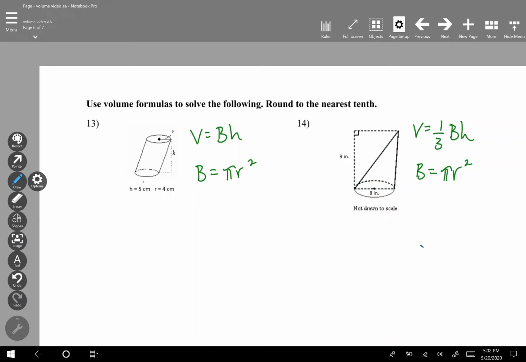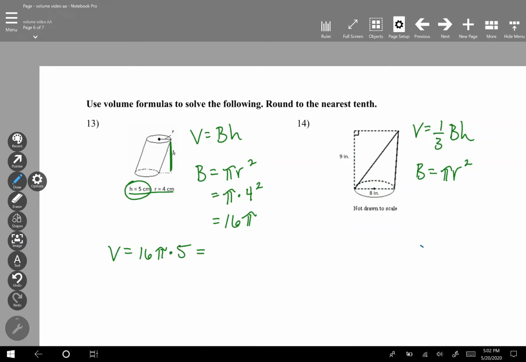So I'm going to go over here to the cylinder, pi r squared, and we look down here at the information they give us. The radius is 4, so 4 squared is going to be 16 pi, because 4 times 4 is 16, okay? And now the height is 5. So my volume is area of the base, so 16 pi times the height, which is 5.